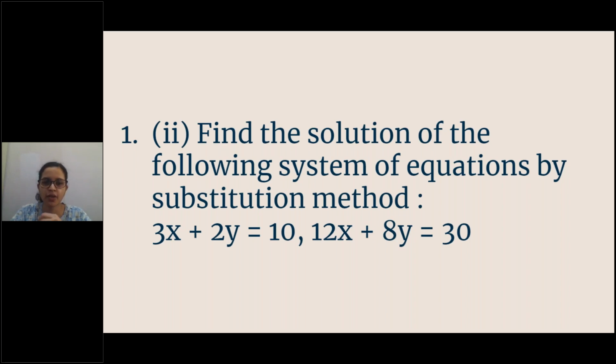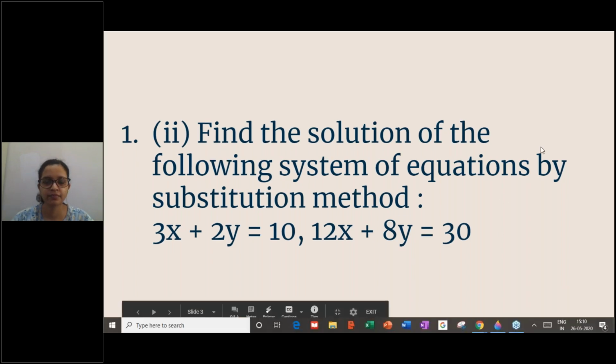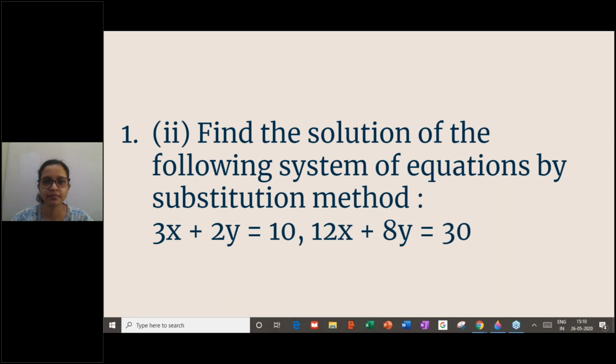So in this case, when you solve, you'll come across something. I want to know what you will come across. Same way, choose either of the two equations, whichever you find simpler.